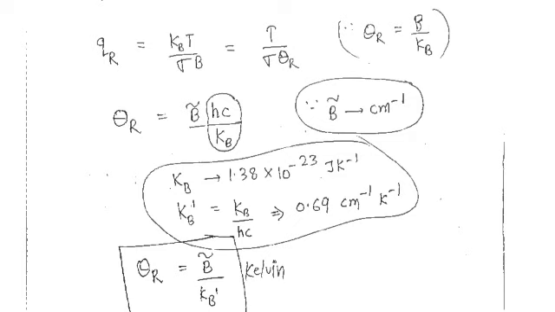So this expression you have to just memorize it, because in the question B will be given to you in centimeter inverse. And the question will ask about the rotational temperature.